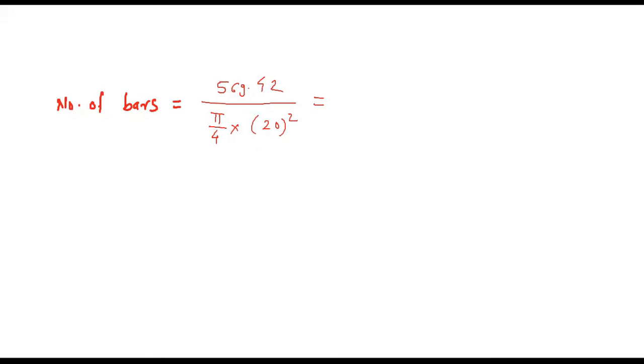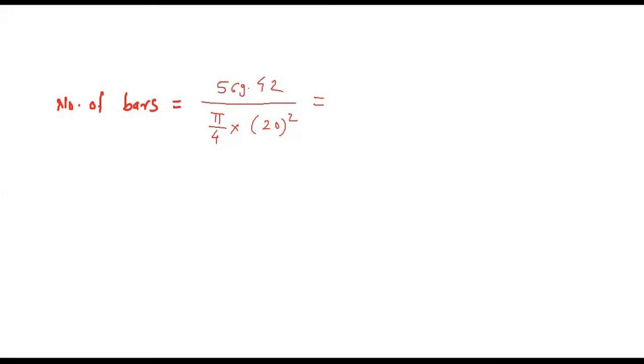So the answer will be 1.81. So 2 bars we need to provide. And see that in an exam, if you get less number of bars, at least you should provide 2 bars, whatever may be the reinforcement.